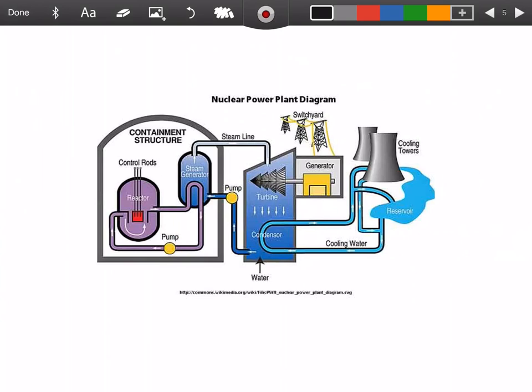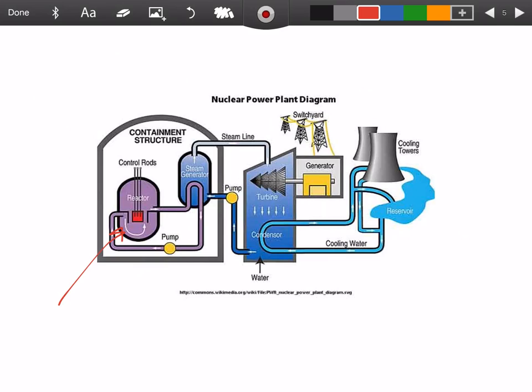This diagram is a diagram of a nuclear power plant. The idea here is in red in the reactor right here, you can see where the fuel exists, and those exist in rods. And then there are some control rods that sit above that.